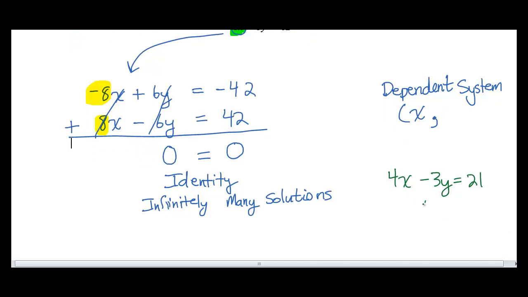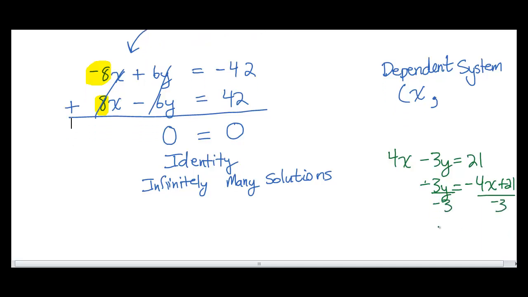I'm going to solve this equation for y, and that'll give me the other part of my ordered pair, right? So if I subtract 4x, I get negative 3y equals negative 4x plus 21. And then I can divide both sides by a negative 3. So I have y equals, well, negative 4 divided by negative 3 is a positive 4/3 x. And 21 divided by negative 3 is minus 7.